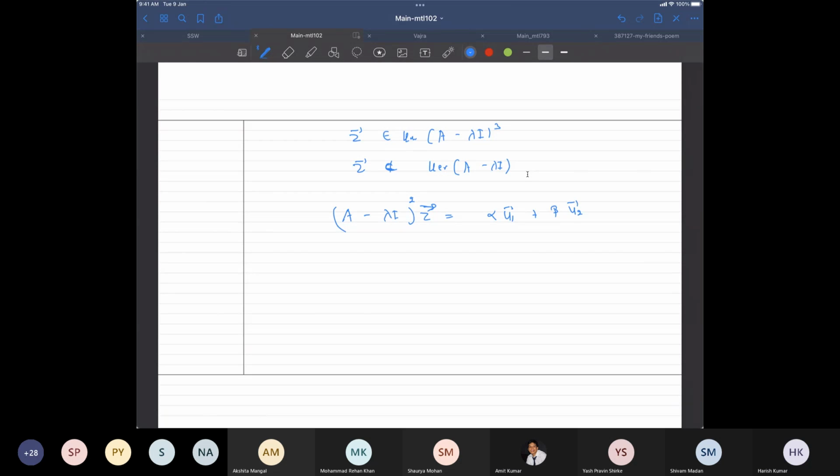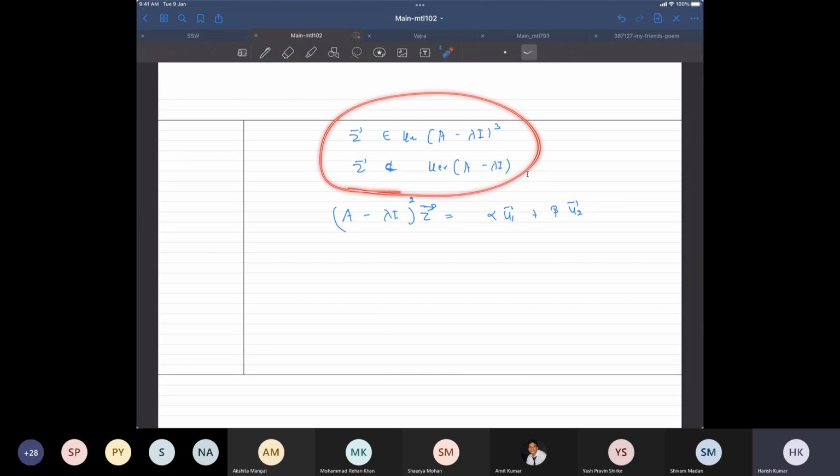Okay. So if I show one of them is 0, then it's fine, but I don't want to show that. That would not be ideal. So there exists such a Z, that is very clear.